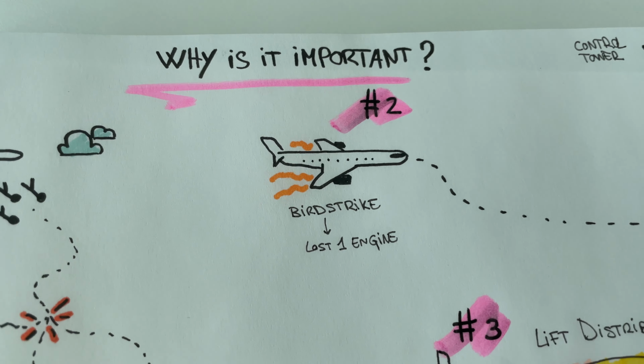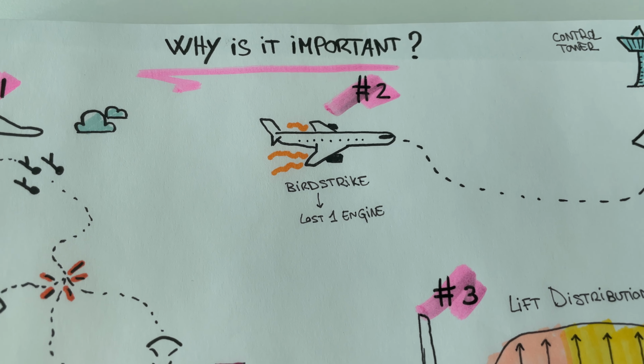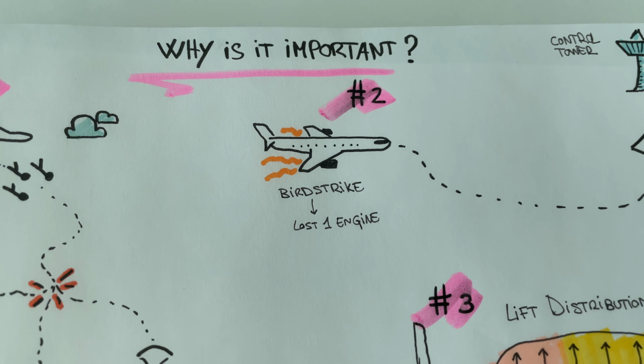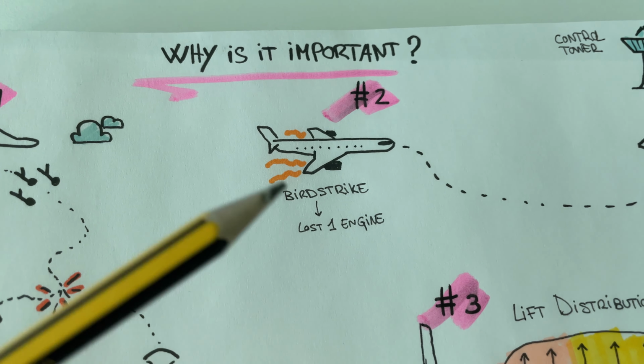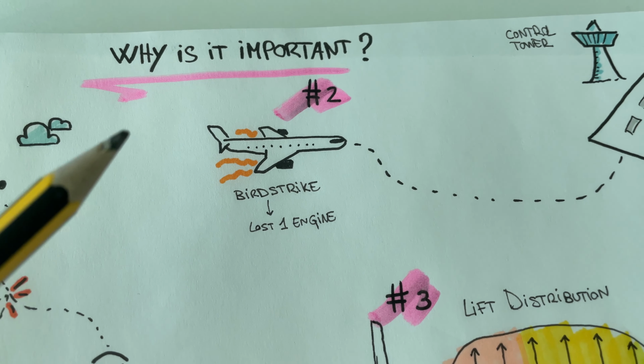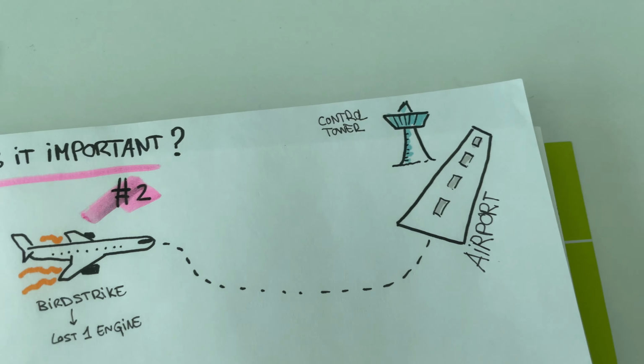Example number 2, do you remember the film Sully, where the pilots had to land the plane inside the Hudson River? Yeah, that was a bird strike incident. So that means that birds are crashing into the engines of the plane itself, causing the plane to, in that specific case, lose both engines. So the only thing that the plane can do to make it to the airport is glide.